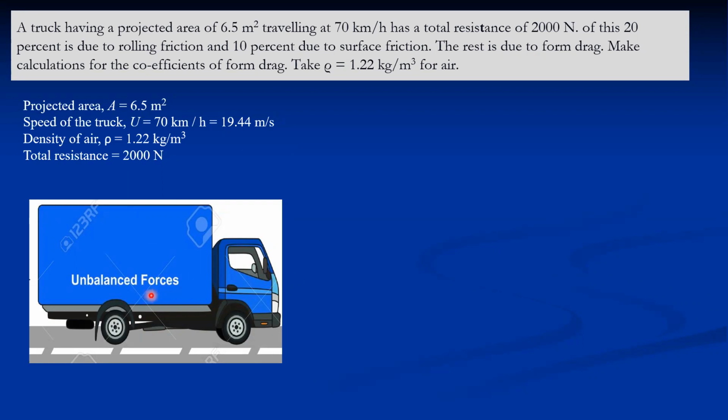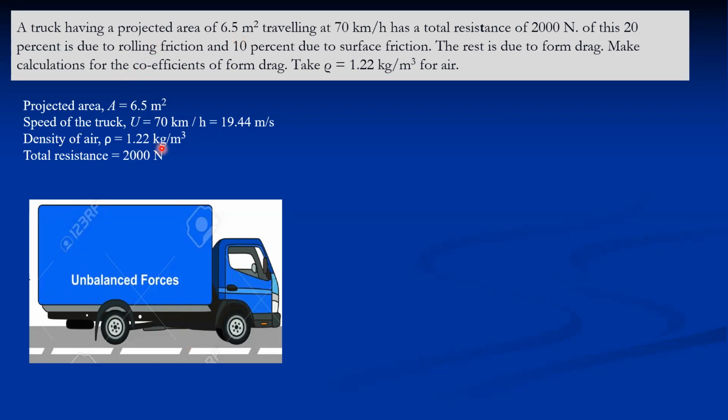When the truck is traveling, it mainly experiences the form drag, which acts on the frontal area, then the skin friction drag, which acts on the side areas, the surface which is parallel to the velocity of the air, then rolling drag. So these are the forces acting.